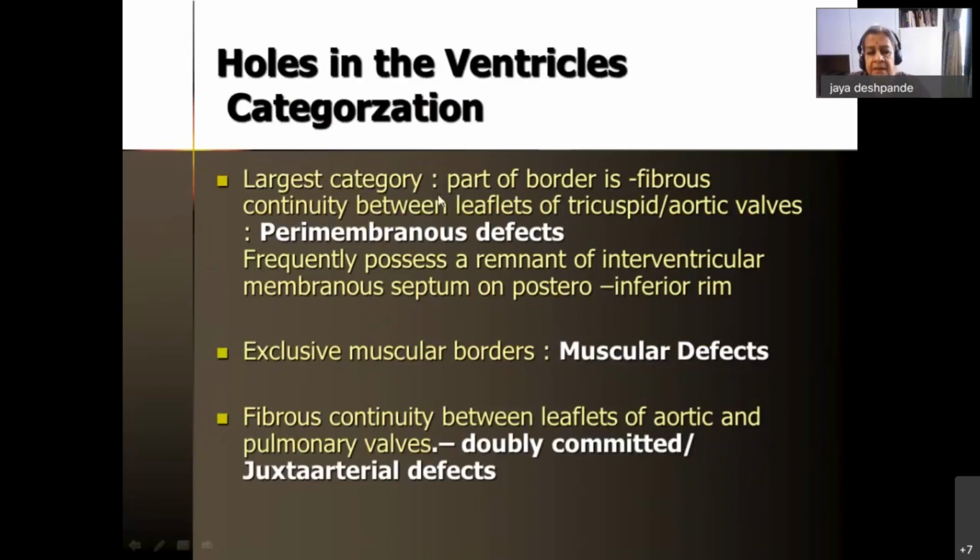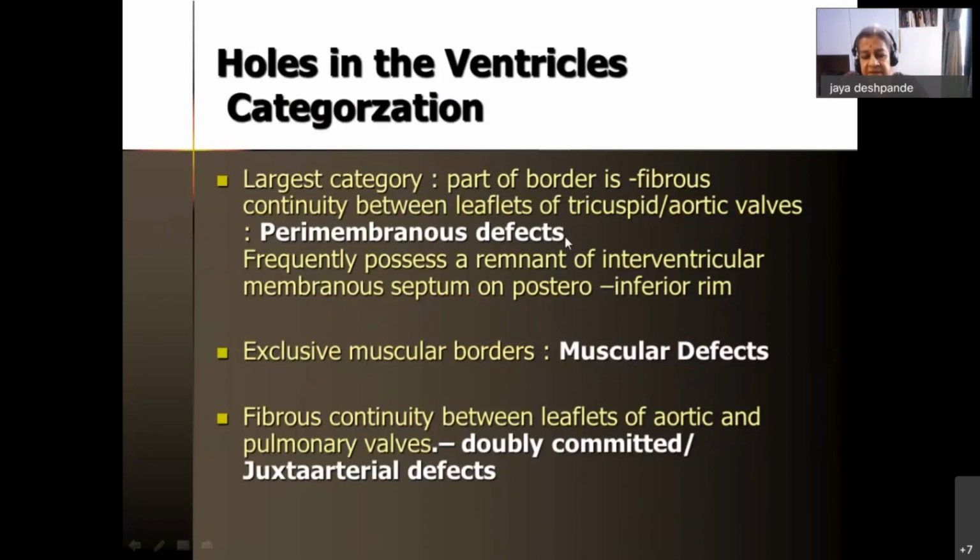And part of the fibrous border of this membranous defect is the fibrous continuity between the leaflets of the tricuspid and aortic valves. And often you will see a remnant of the membranous septum on the posterior inferior rim of the defect. So perimembranous defects are the most common type of defects.